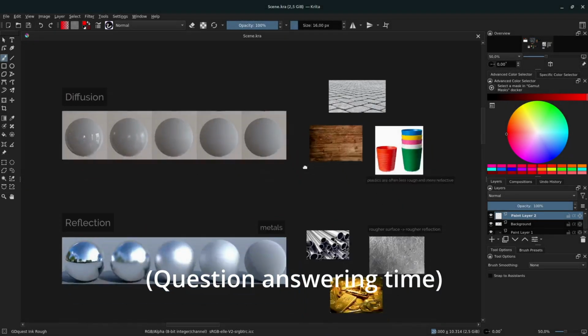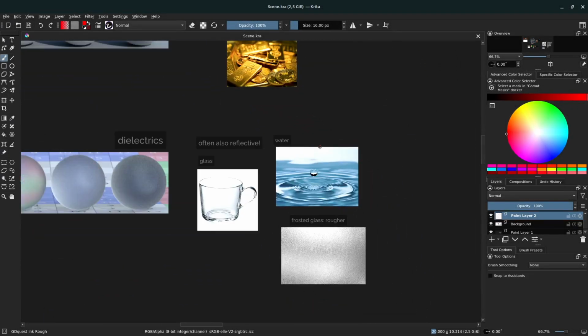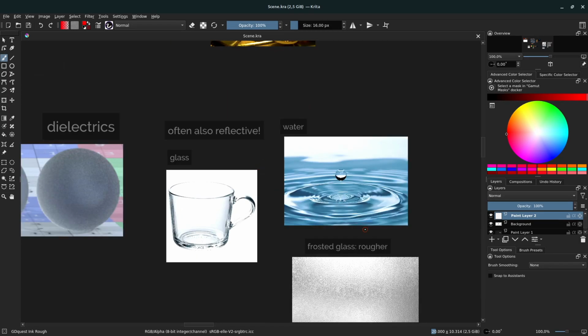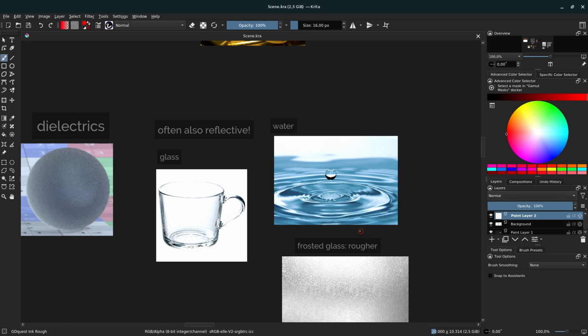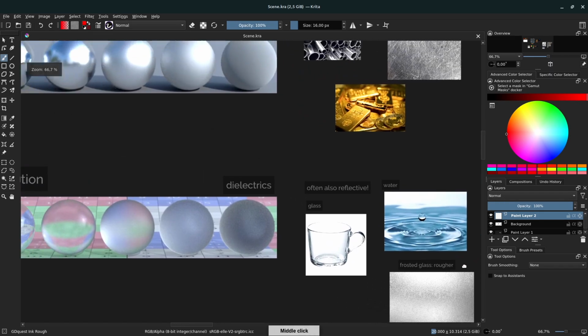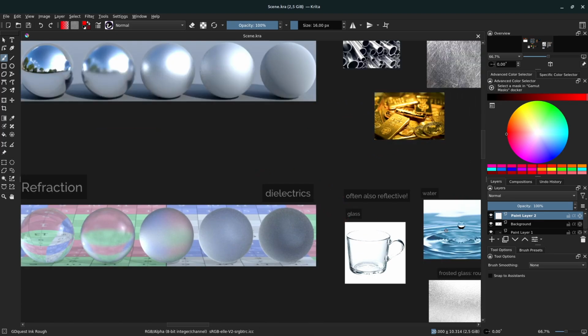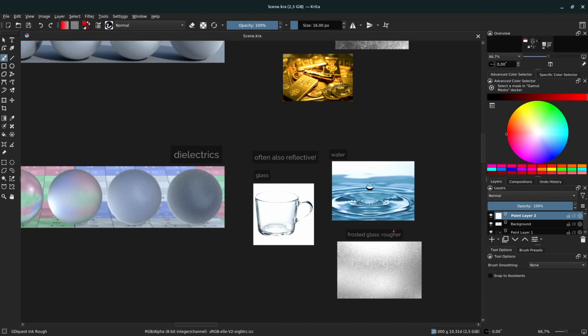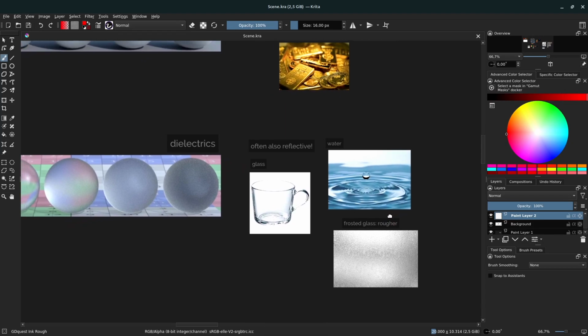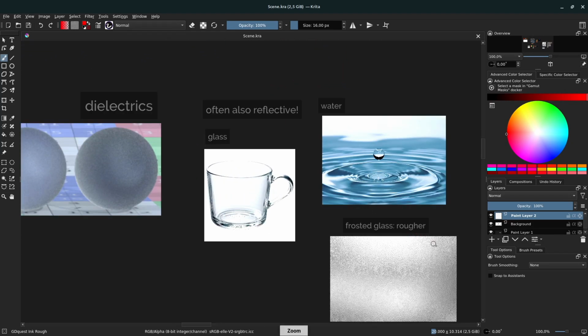Glass and water, you can see what's behind it, but you can also see your reflection in it. So refractive materials, they are also reflective, and that's called dielectrics. It's not exactly the same thing as in physics dielectrics, but that's what they're called in graphics.